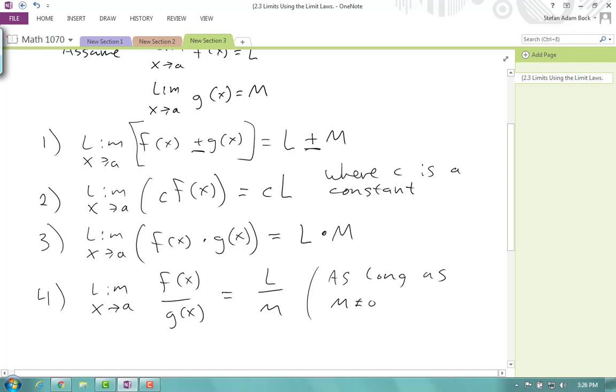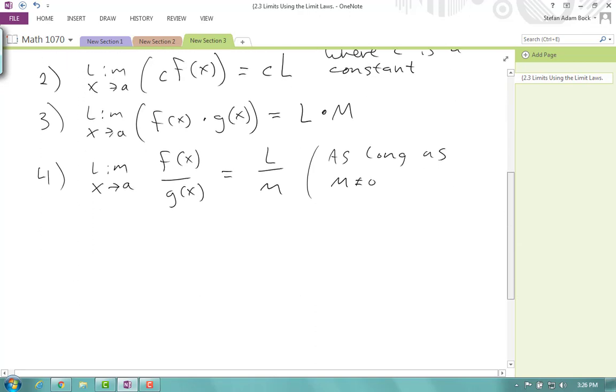If the limit of g of x is 0 as x goes to a, then we're going to have a bit of a problem. But thankfully, we generally don't need to worry about that yet. We have other tools at our disposal.